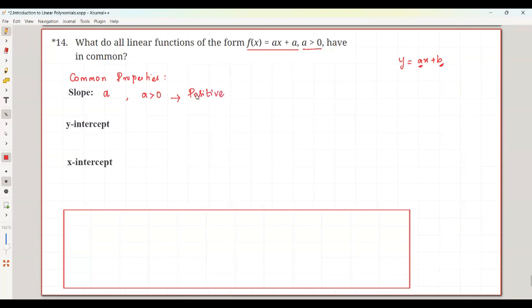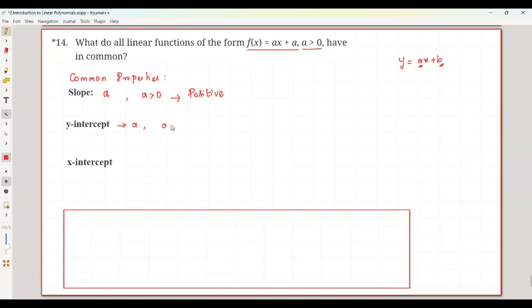Next we can find out the y-intercept. Y-intercept is nothing but the b value. Here what is the b value? It is a. In the place of b we have a. Therefore the y-intercept is also a.